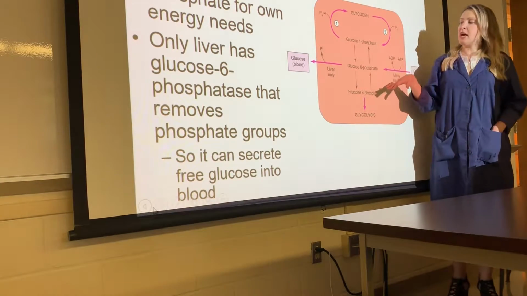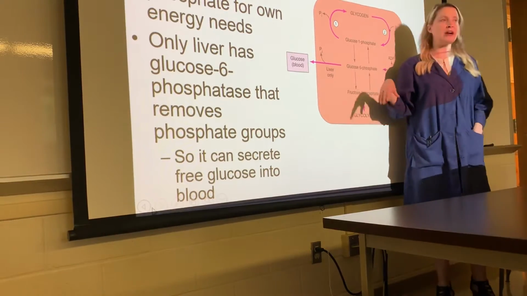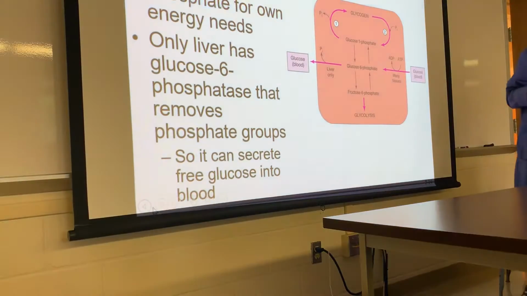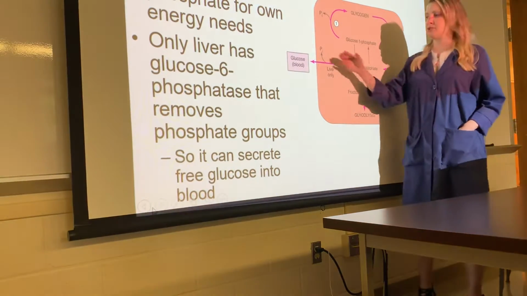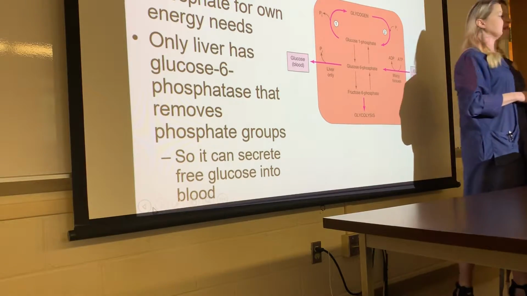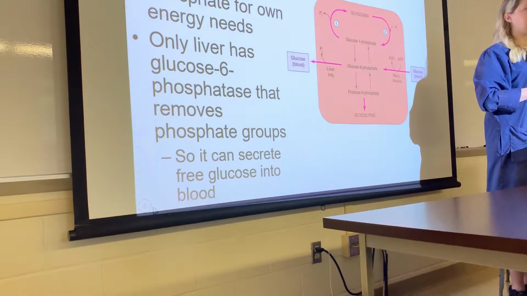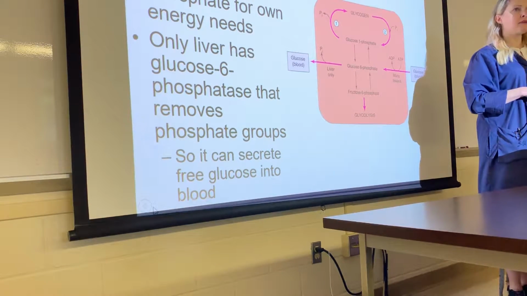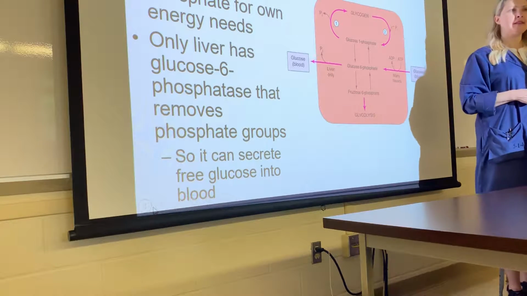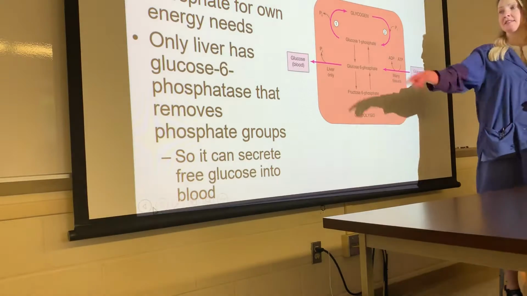If it's a liver cell, that glucose 6-phosphate can be converted back to glucose and then released into the bloodstream. The liver has an enzyme that skeletal muscle doesn't, and what is that enzyme? Glucose 6-phosphatase.